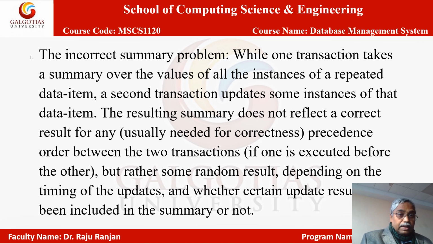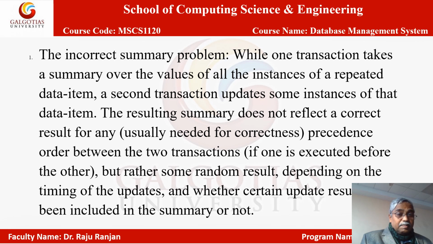Then the third one, the incorrect summary problem. While one transaction takes a summary over the values of all the instances of a repeated data item, a second transaction updates some instances of that data item.